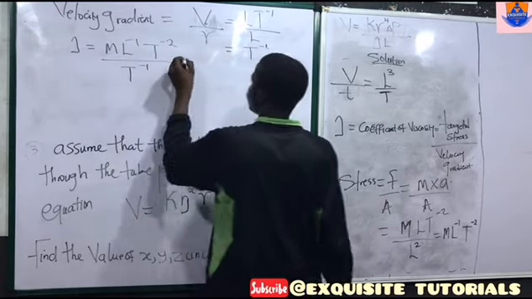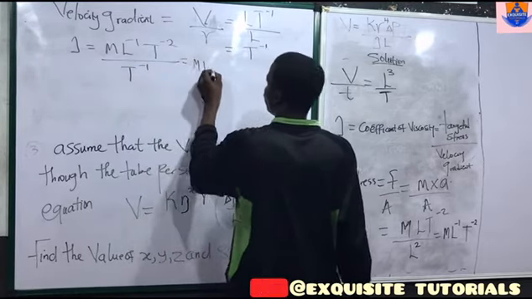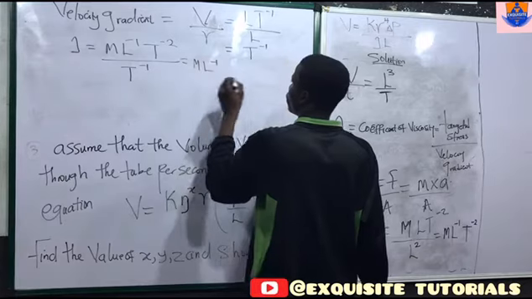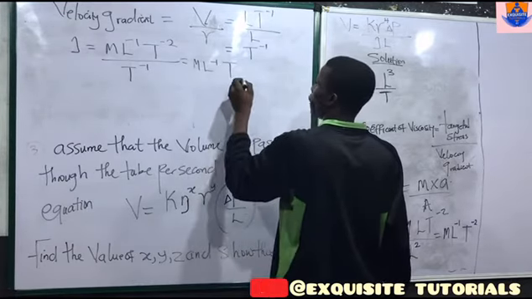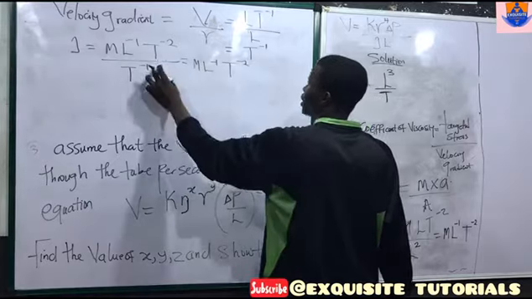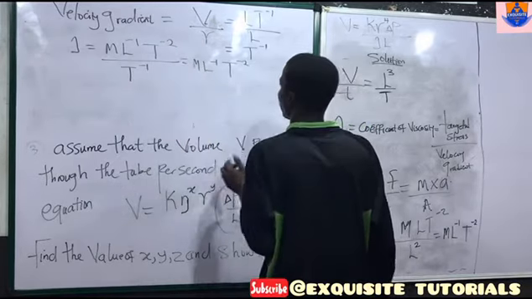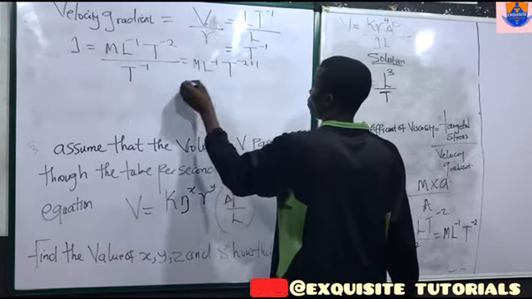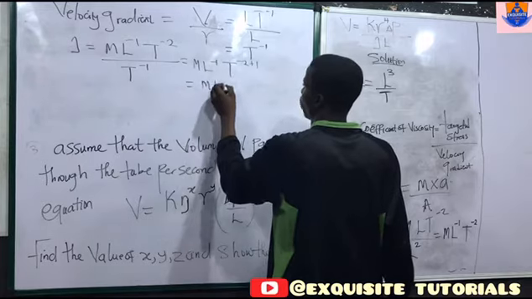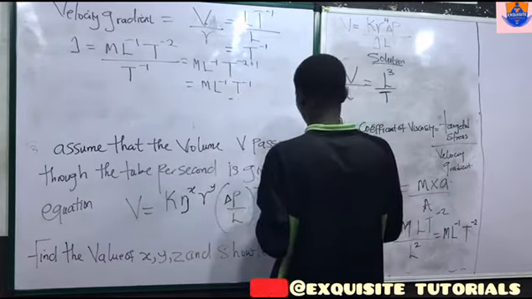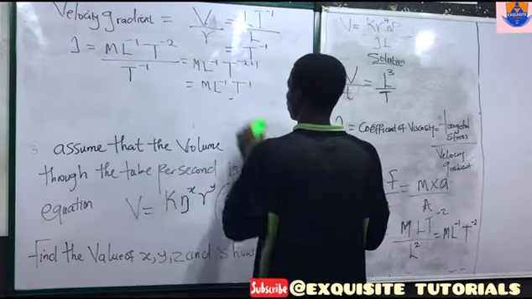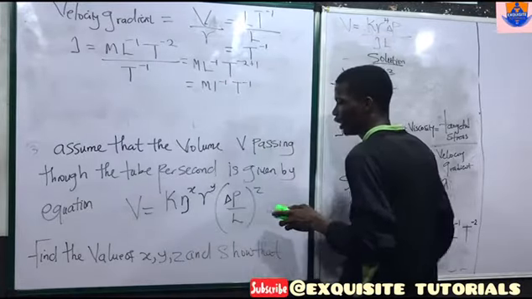Minus 1. So it will now be l raised to power minus 1 t raised to power minus 2. If you take this guy upward, it will turn positive sign plus 1. It will now be m l raised to power minus 1 t raised to power minus 1 as the value for what? Our coefficient of viscosity.